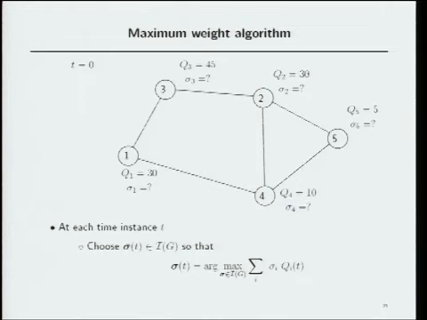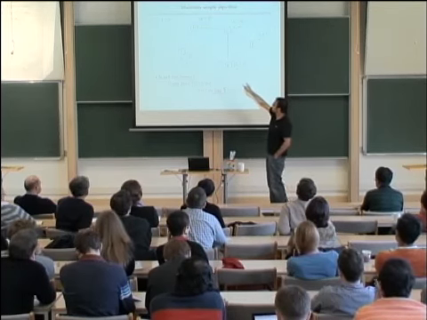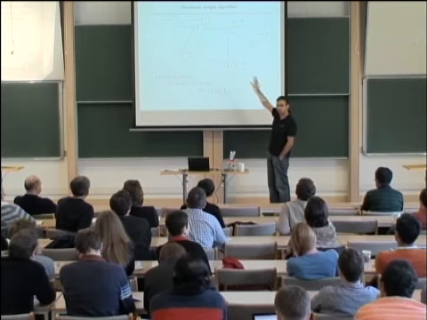That is, you have one server, you want to serve one of the n queues, and you serve the longest queue. In this context, you have choices. Choices are options. For example, one option is you serve 1 and 2 at a given point of time, and you will choose that option if its weight is the maximum among all possible options.